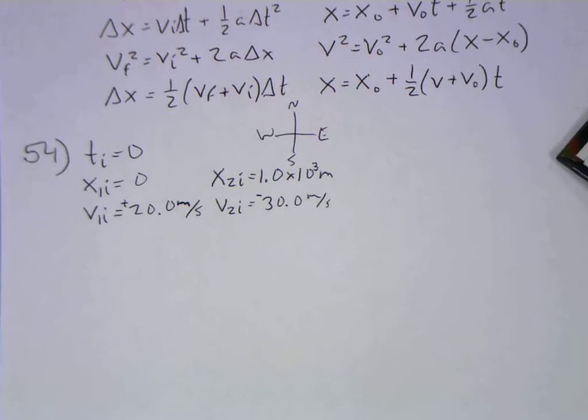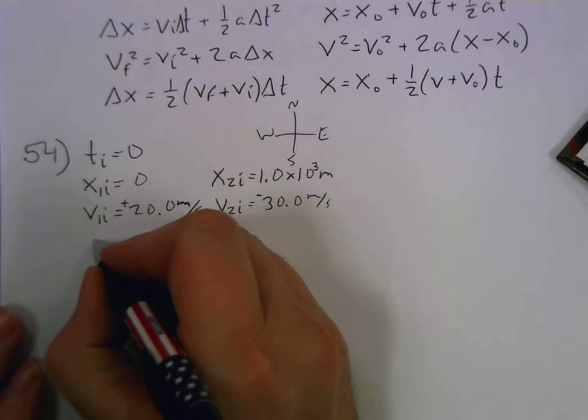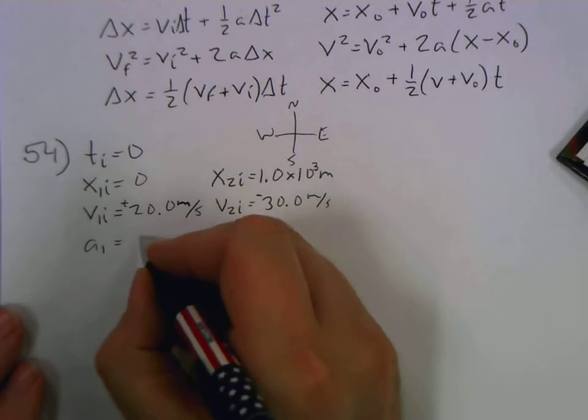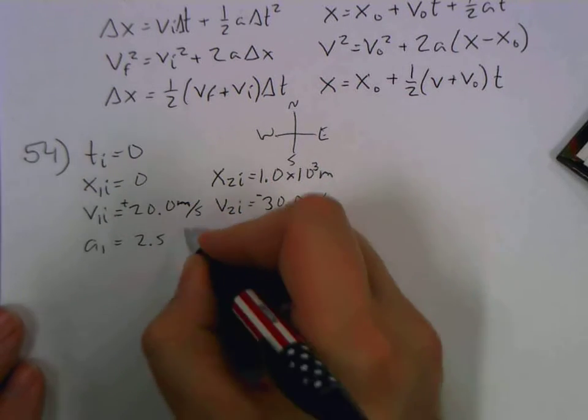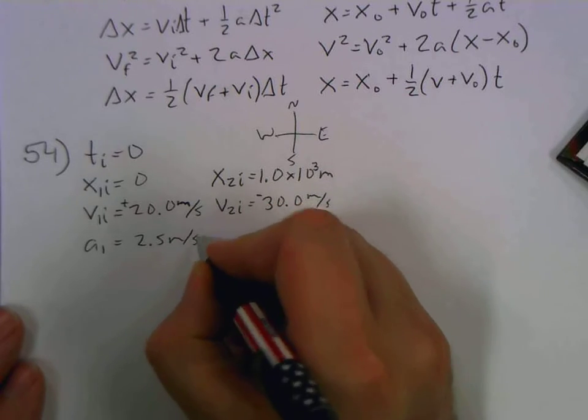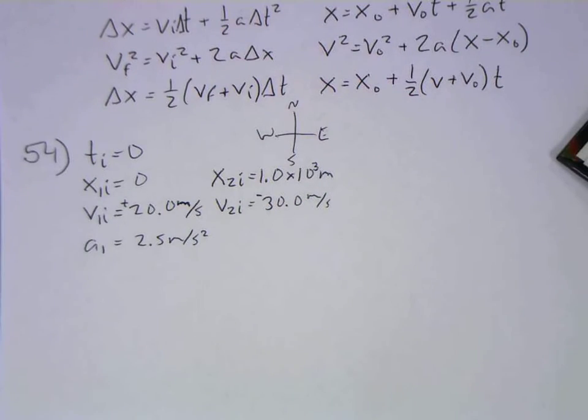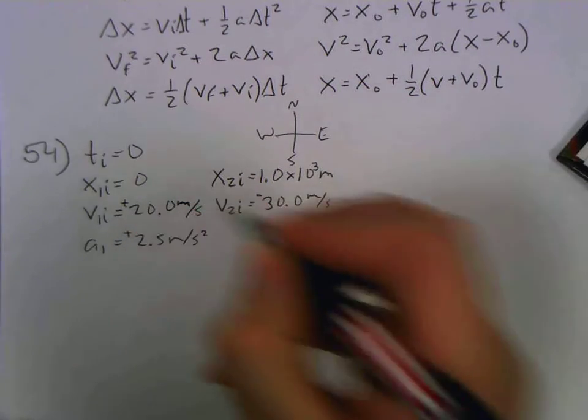All right. Third sentence tells us the acceleration. Car 1 is speeding up with an acceleration of magnitude 2.5. So acceleration 1 has a magnitude of 2.5 meters per second squared. Okay, car 1 is speeding up. So does the acceleration go in the same direction as the velocity? Yes. So it is positive.